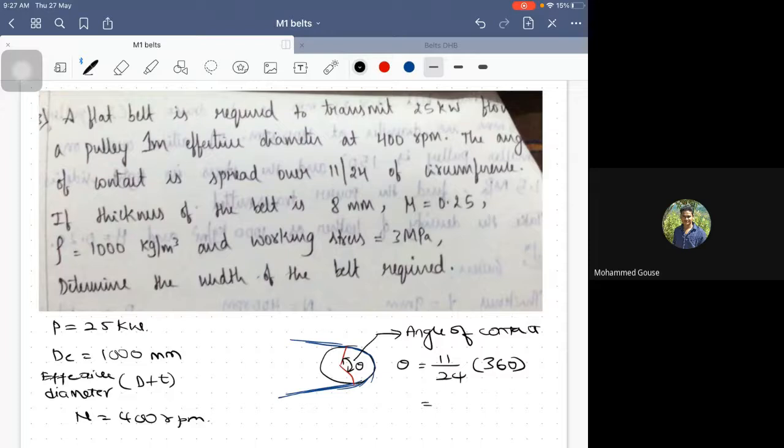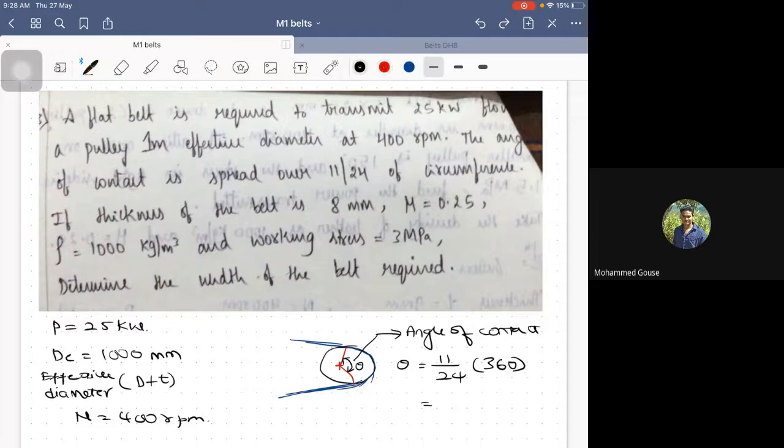What is the value? 11 divided by 24 of 360. 165. So 165 is in degrees.